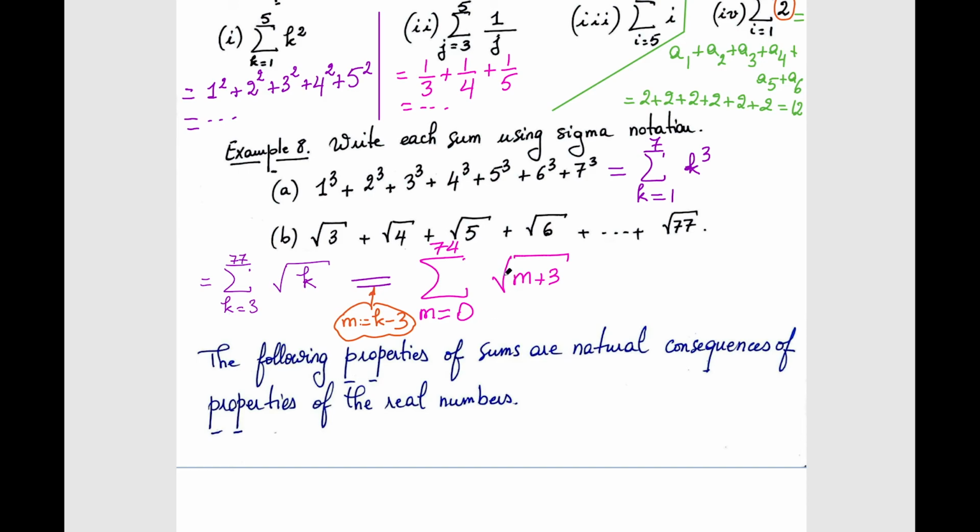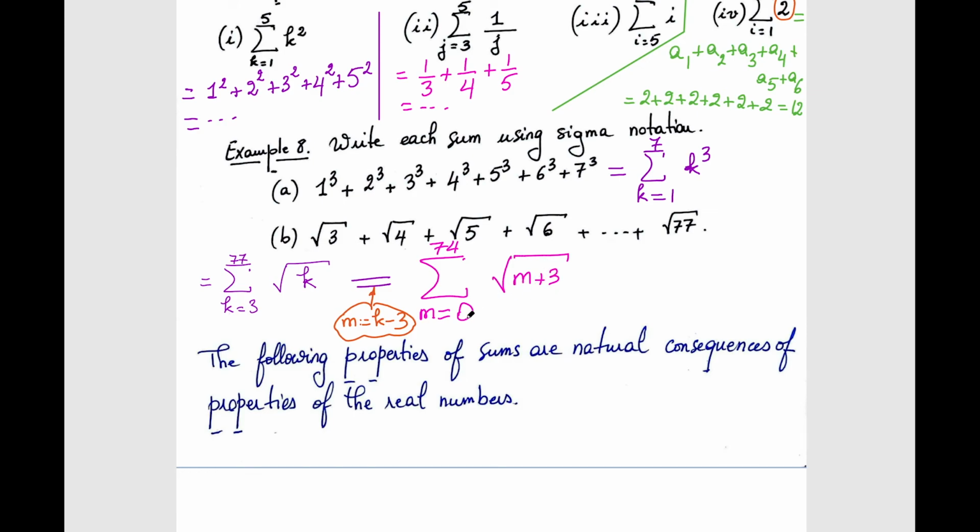Okay. To convince yourself, how about you actually ignore that writing and just try to unravel what this means. This means summation of terms that look like square root of m plus 3, and m goes from 0 to 74. What's the first term here?